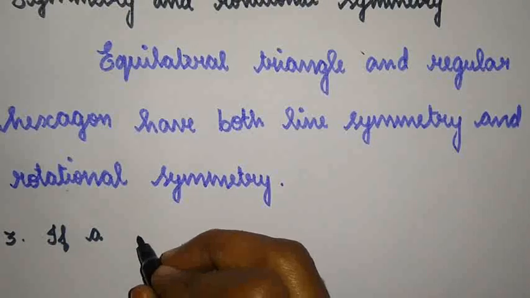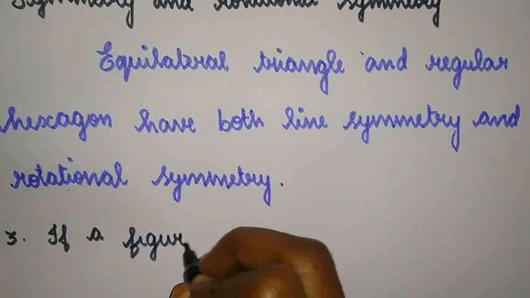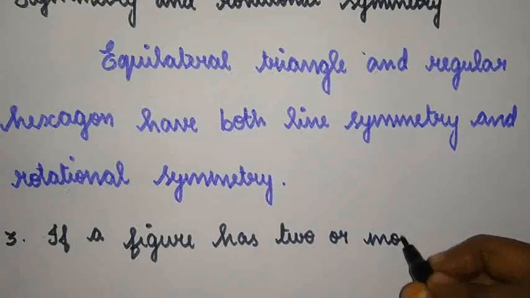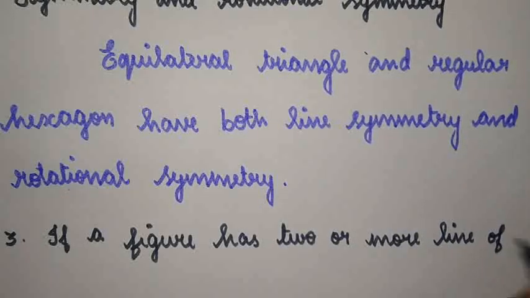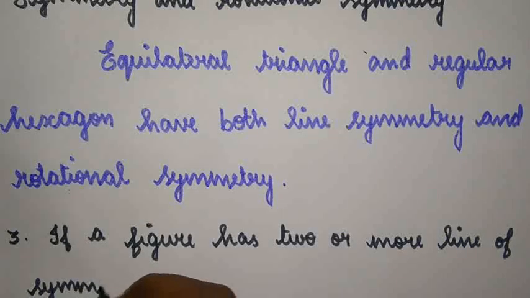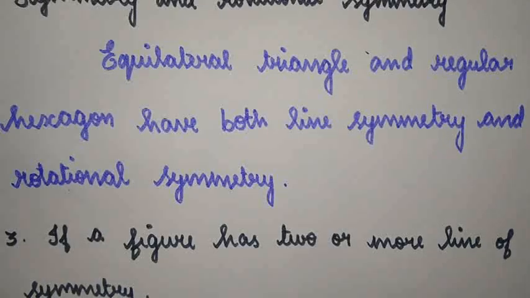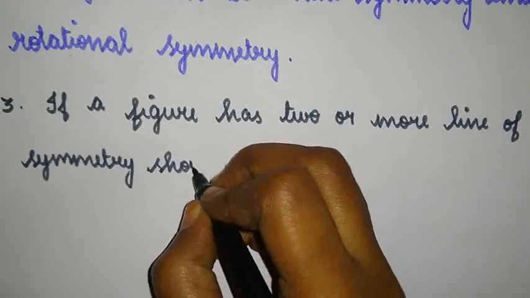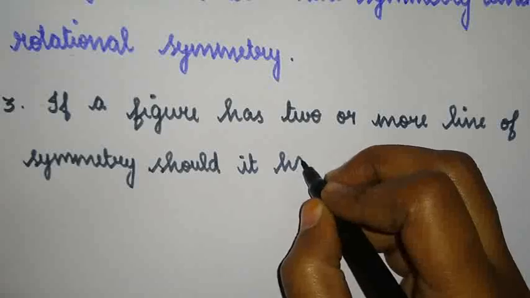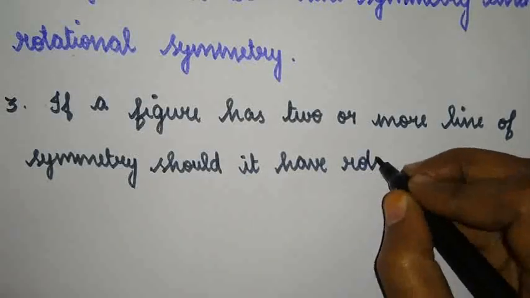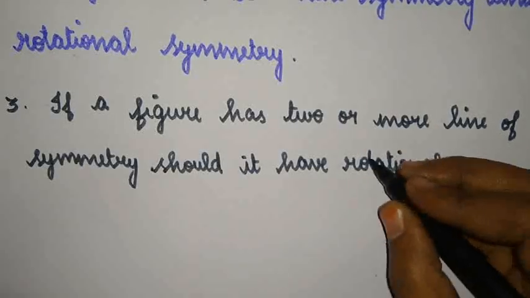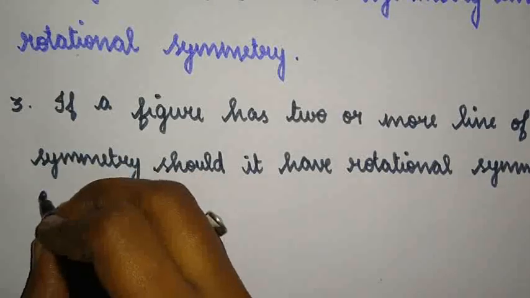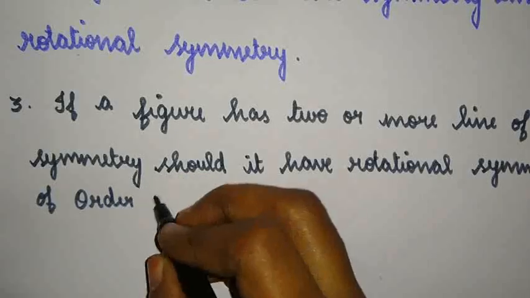If a figure has two or more lines of symmetry, should it have rotational symmetry of order more than 1?